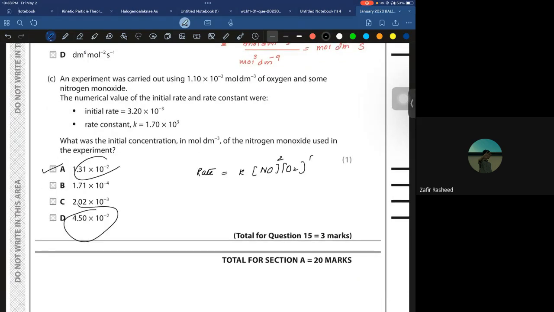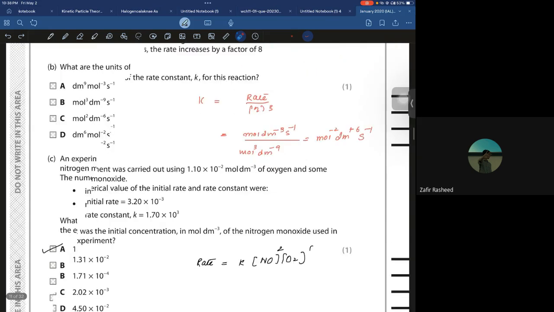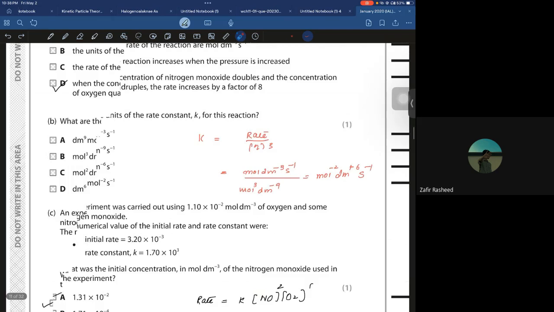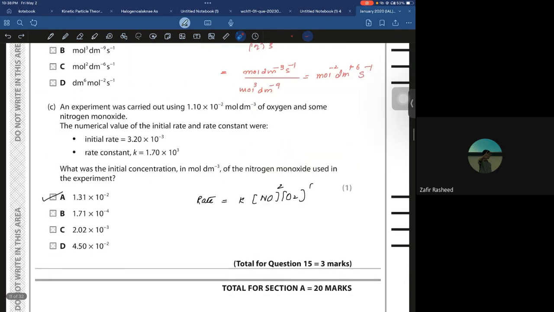It's D or A. It's very easy. I would be putting the values just like that. Rate is 1.7.